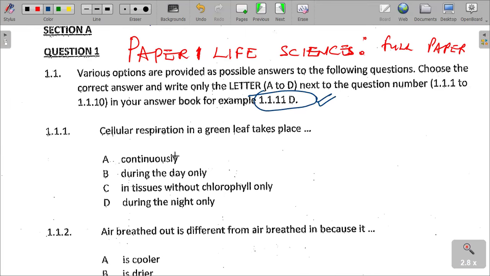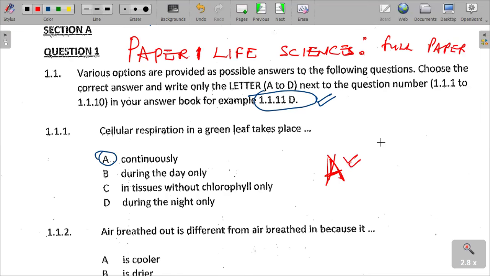If you look at this question, the best suitable answer is that cellular respiration in a green leaf takes place continuously. So our answer is A. Please don't make mistakes. Our answer is A.